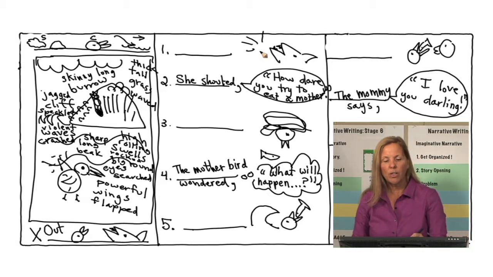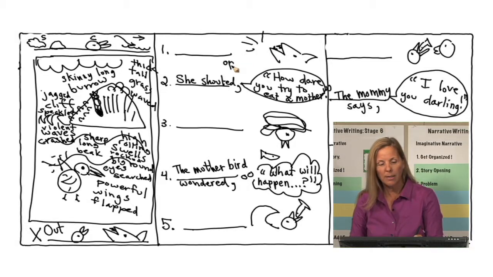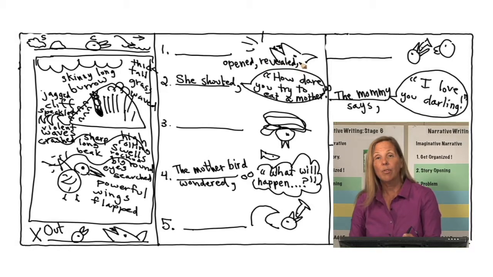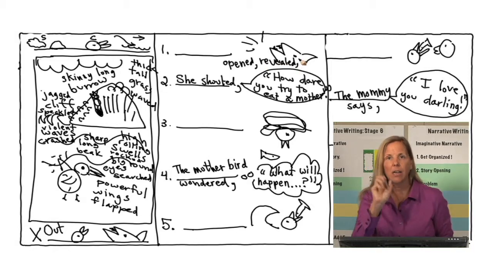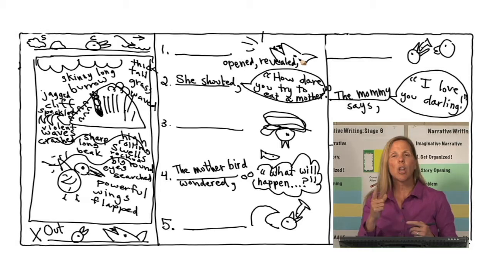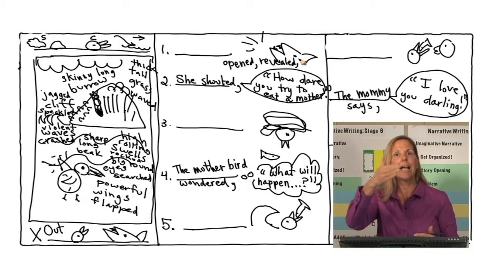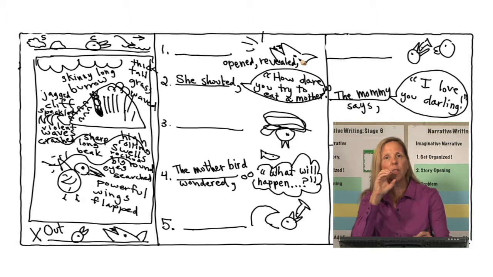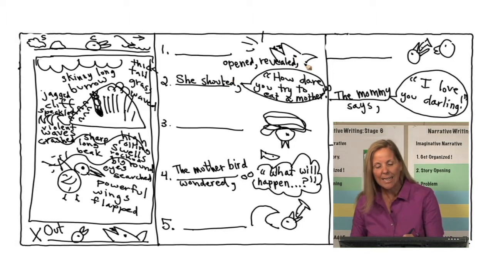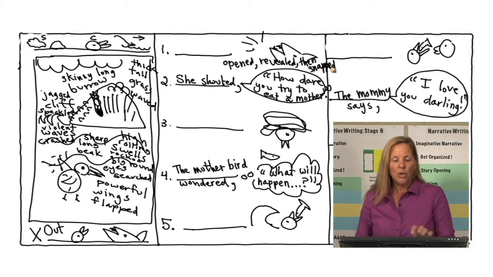So we will go over here and we will write our 3 verbs. Opened, comma, revealed, comma, and then we're going to say then. I could say and, but you're not doing this at the same time. These are actions that are going one after the other. Open the mouth, revealed sharp teeth, then snapped at Mrs. Puffin.